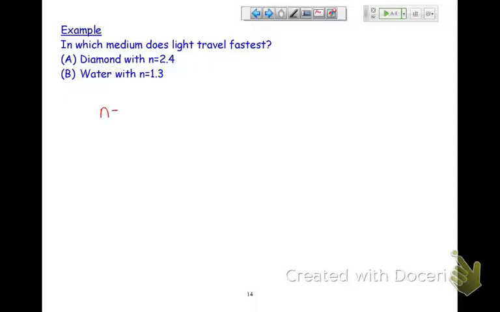Well, n is equal to v vac over v medium. So v medium is equal to v vac over n. So the bigger the n, the slower the medium.